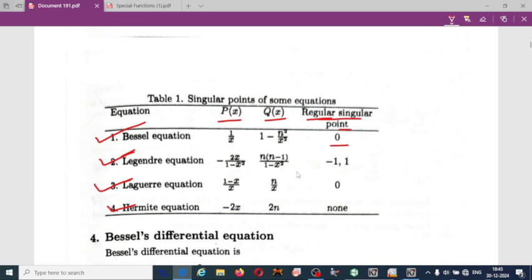For Bessel it is 0, Legendre 1, minus 1, plus 1, Laguerre 0, and for Hermite, if you observe, it is none. If the P and Q values have been given, these are all second order differential equations, so you can easily write the differential equation by putting P and Q here.